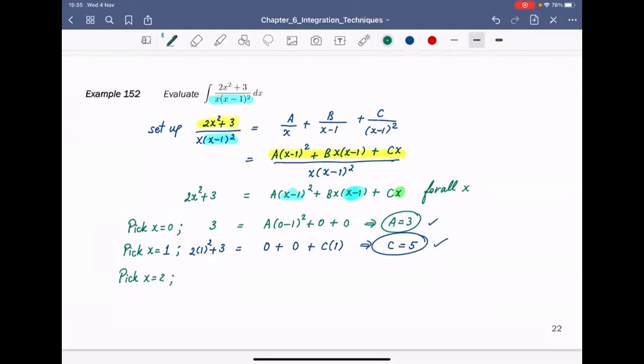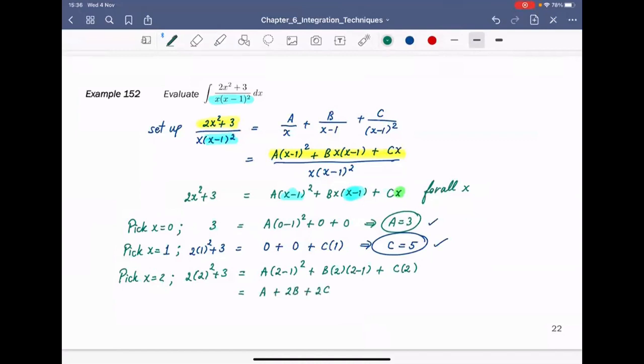So x equal to 2: you have 2 squared times 2 plus 3 equal to a times (2 minus 1) squared plus b times (2 minus 1), and then plus c times 2. Which means this is a plus b plus 2c.